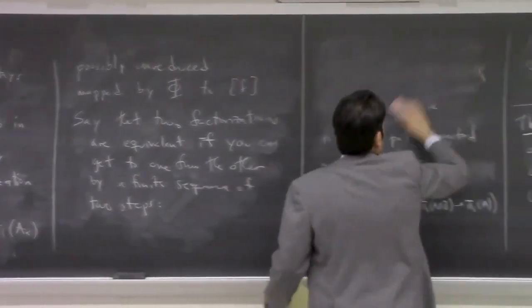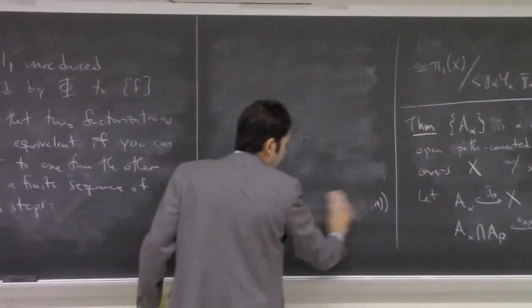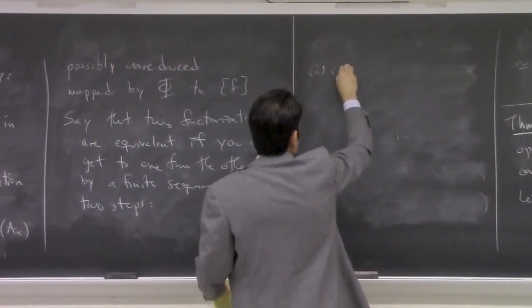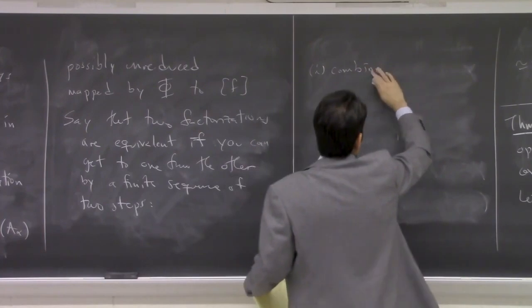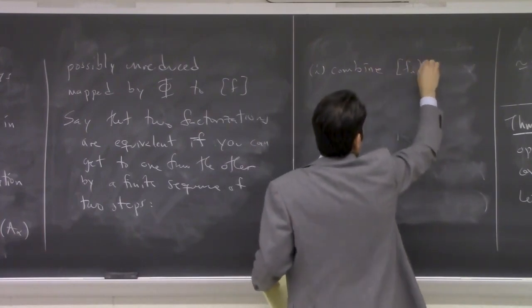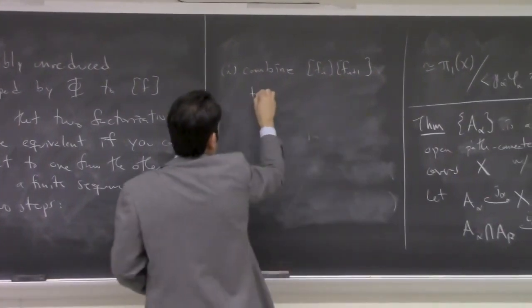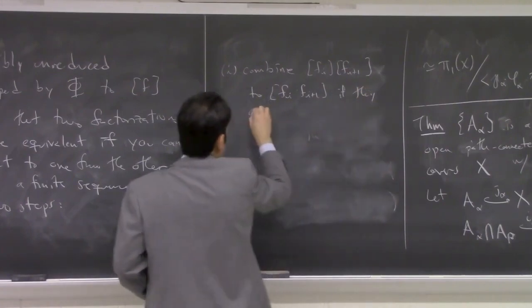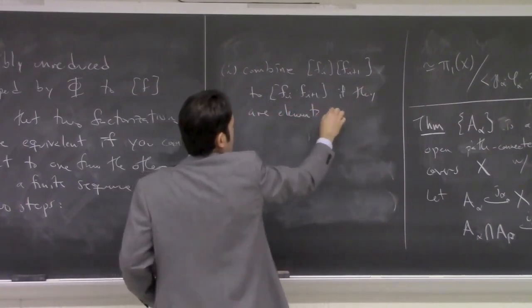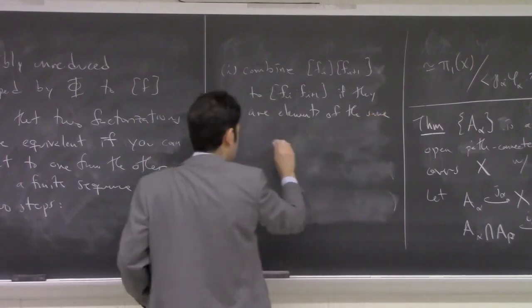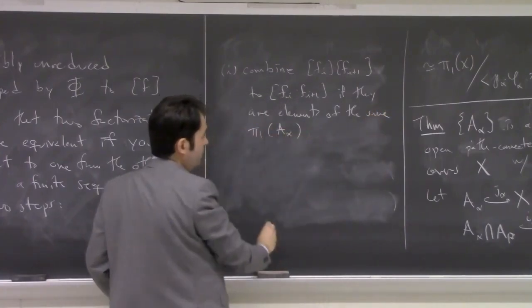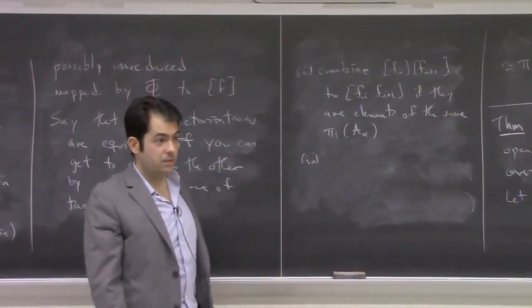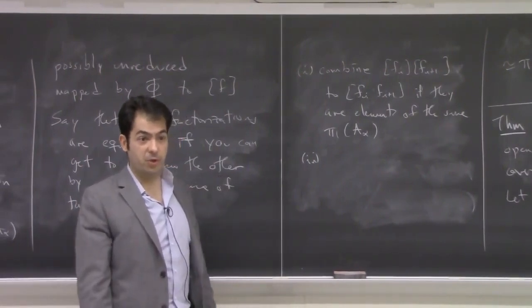So on the one hand, they should be equivalent if they have the same reduction. So we're going to allow you to combine f_i and f_{i+1} to f_i dot f_{i+1} if they are elements of the same pi 1 A alpha. OK, so nothing special there. It just means that they were the same elements of the free product.